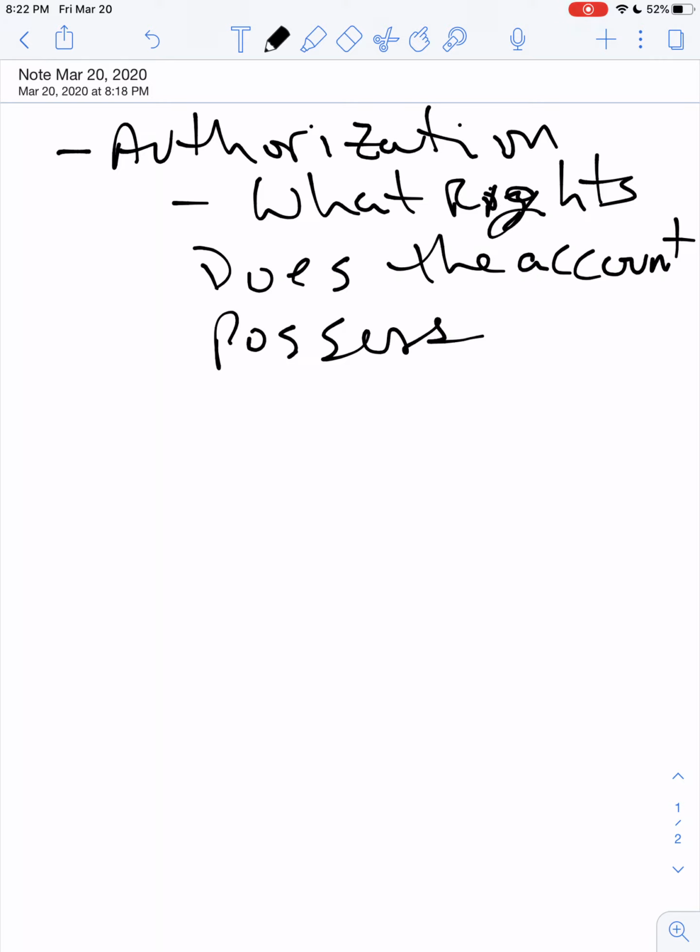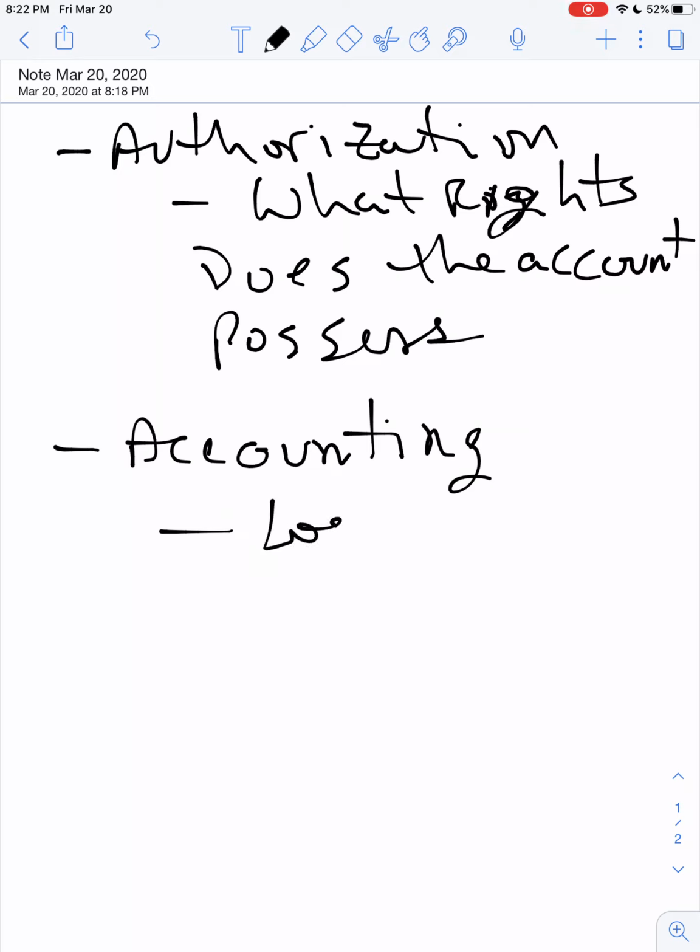The last part is accounting. And this is actually logging and auditing.